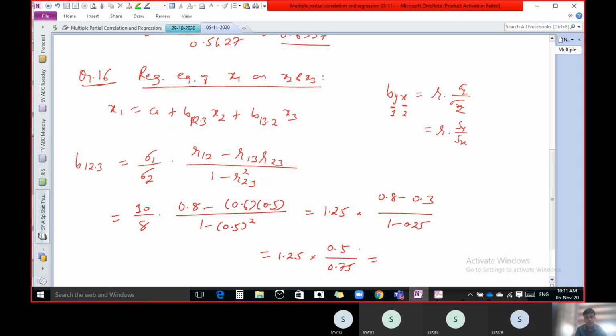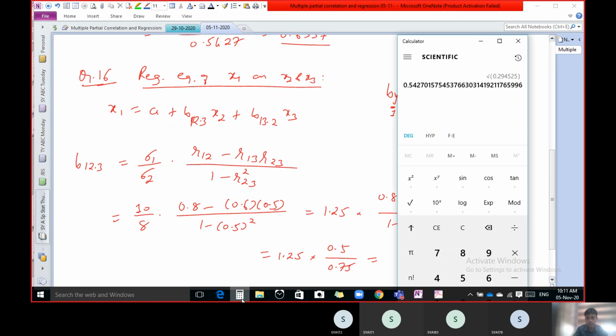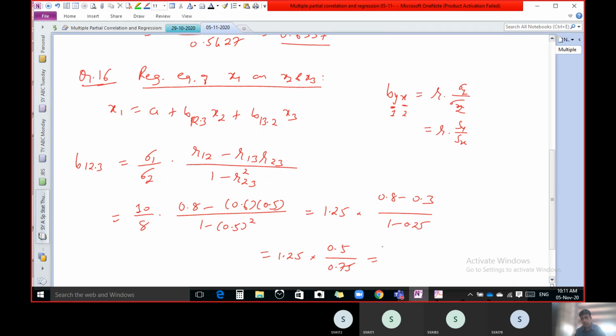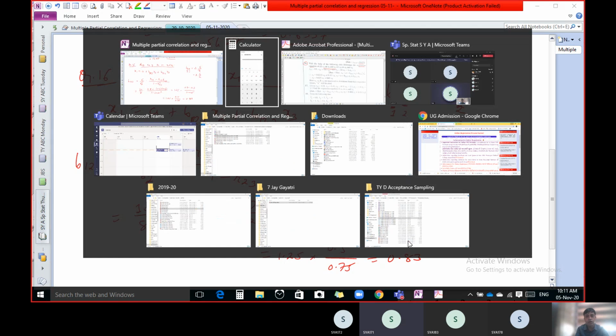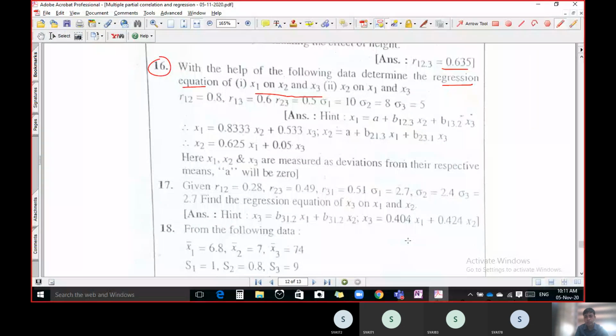What is the calculation? 1.25 into 0.5 divided by 0.75 is 0.83. So 0.83 is the value of B12.3.